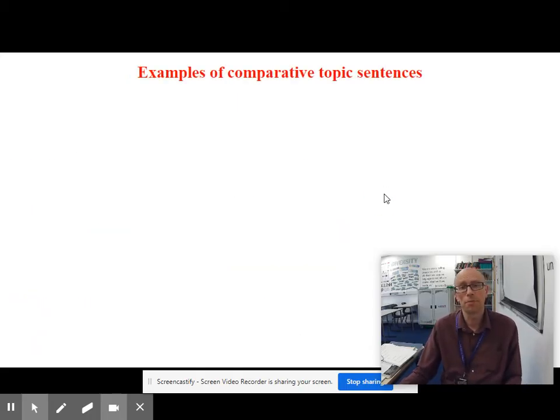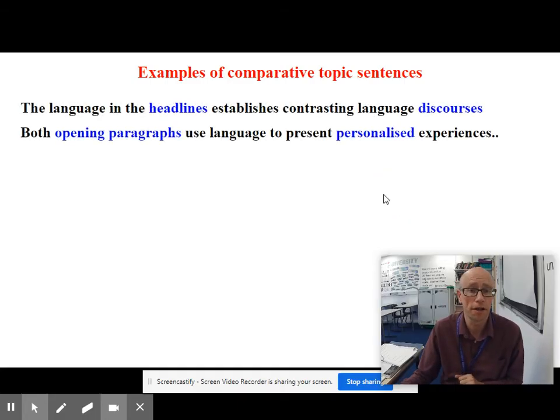So here are some example comparative topic sentences finally. The language in the headlines establishes contrasting language discourses. What a beautiful topic sentence that is, because what you're doing is forensically examining the language of the headlines and linking it into this idea of discourses.